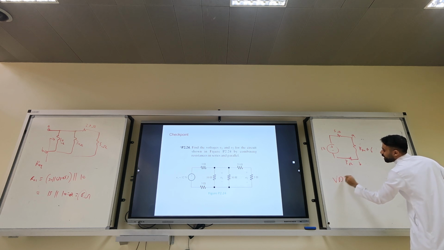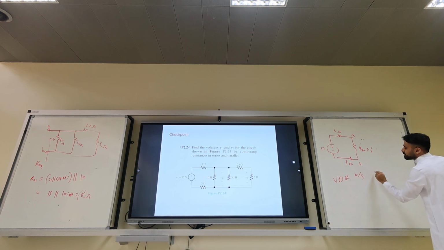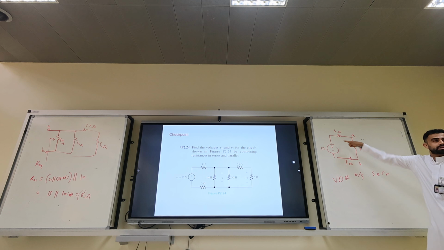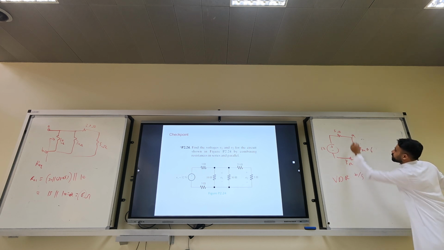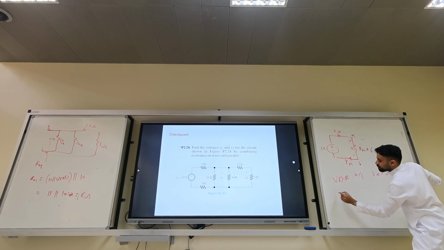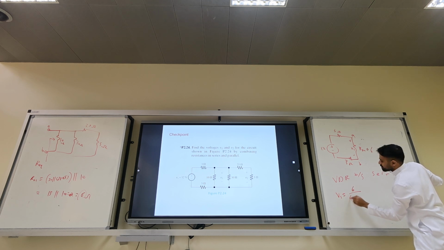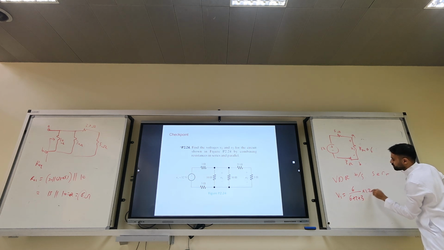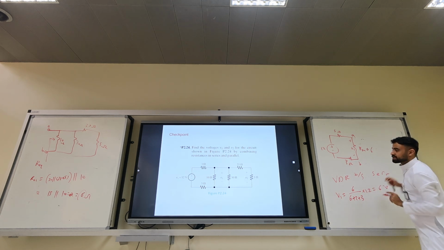So VDR, because it's series. Everything now is series. So V1 equals 6 over 6 plus 3 plus 3 times 12, which is 6 volts.